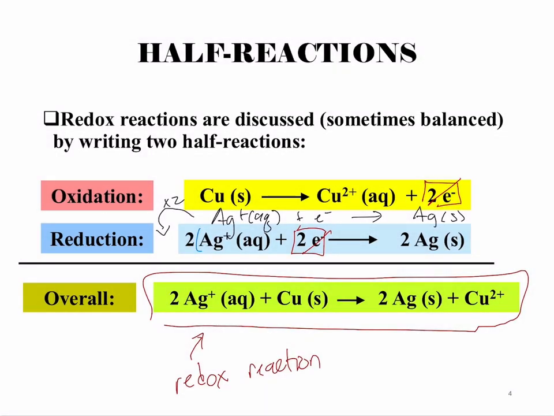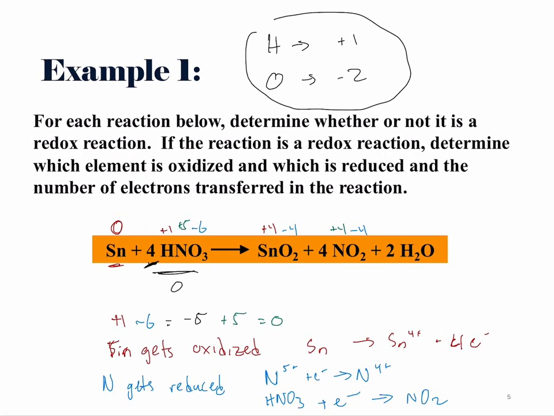For this one right here, we needed water because we have fewer oxygens on this side of the redox process. This is how we balance the reduction half reaction, because oxygen is not balanced here. We need one more oxygen here, so we would add a water molecule to that.